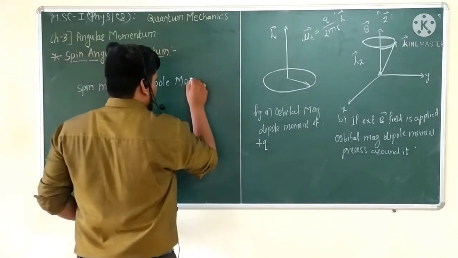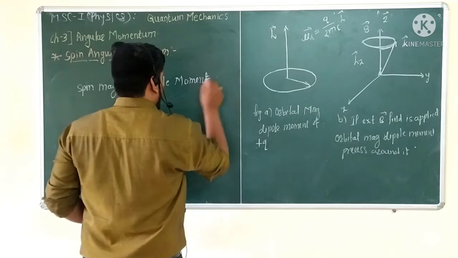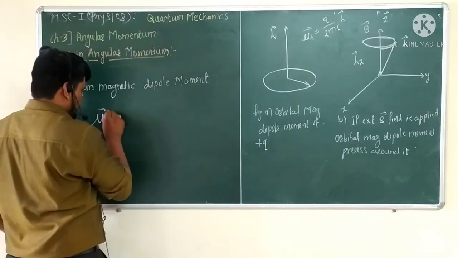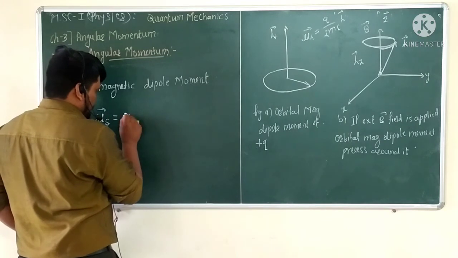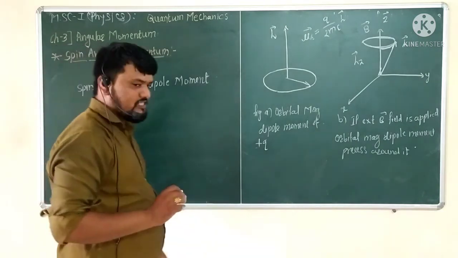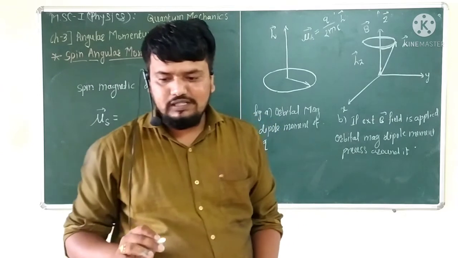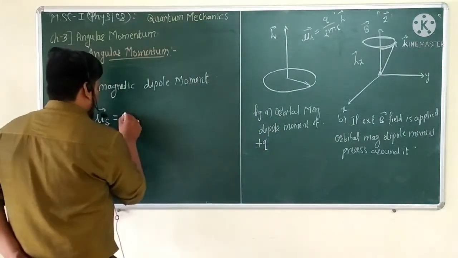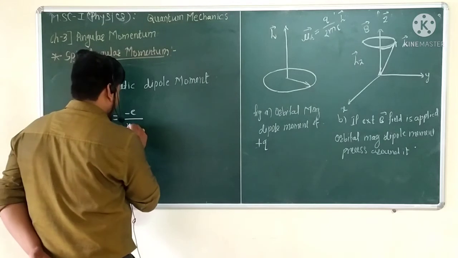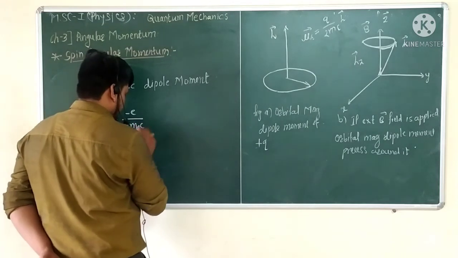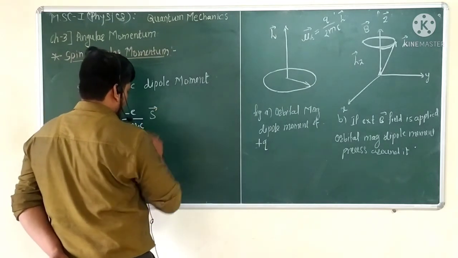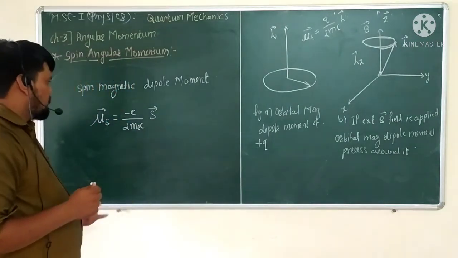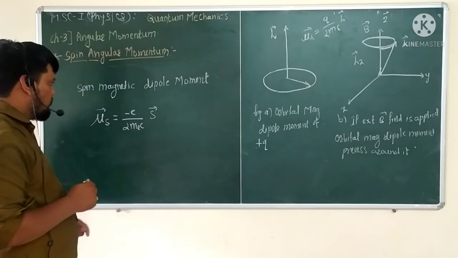Okay, and this spin magnetic dipole moment is given by the formula mu s is equal to minus e upon twice me c into S bar. This e is the charge on the electron, me is the mass of the electron, and S bar is the spin component.